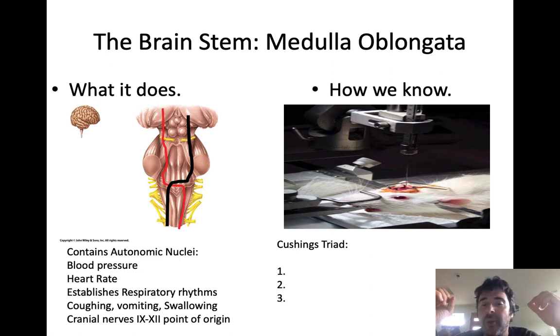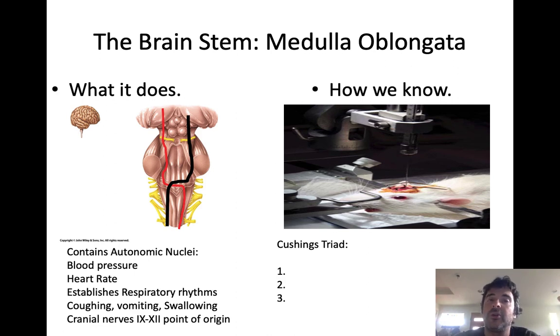So if anybody ever presents with an increase in blood pressure, bradycardia, which is a decrease in heart rate, and disruption of their respiratory rhythms, right? They're suffering from something called Cushing's triad, and Cushing's triad is really important to treat because left untreated, it can lead to death in a significant percentage of cases. Cushing's triad is something they talk about a lot in, for example, paramedic medicine.